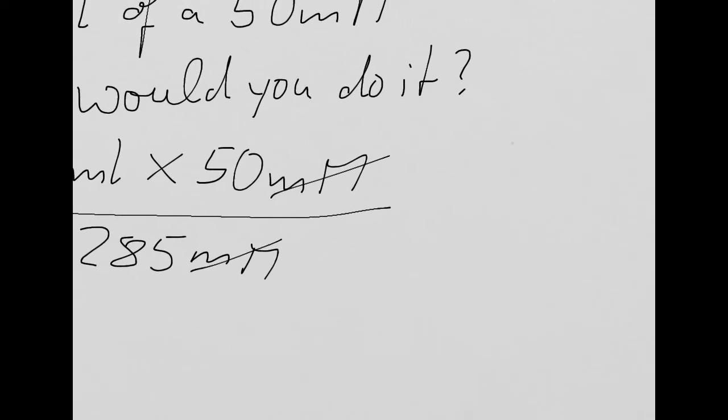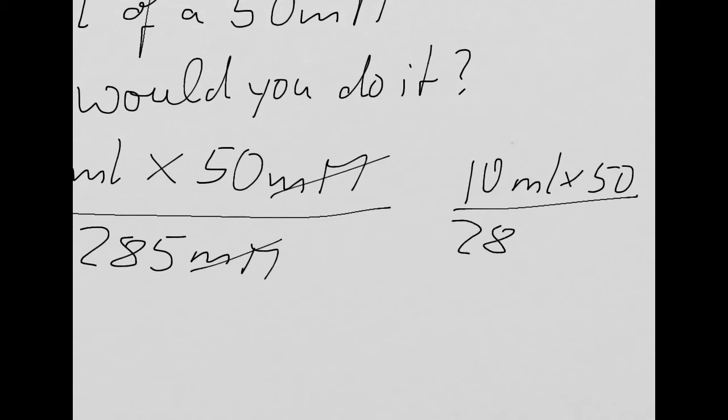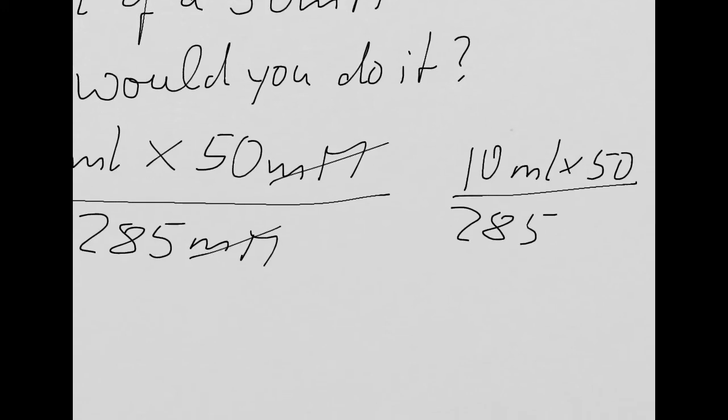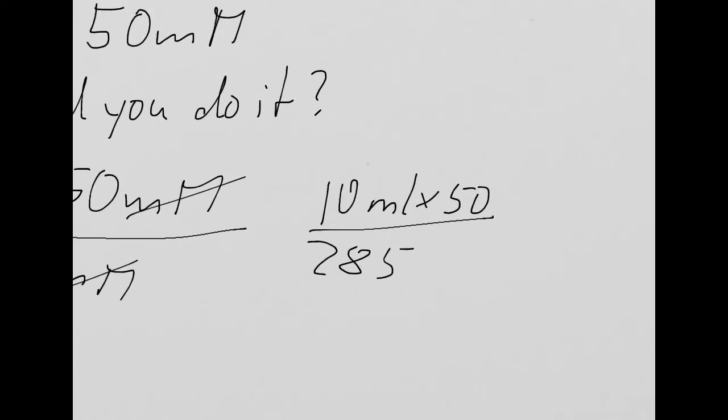So we've got 10 milliliter times 50 divided by 285. That's 500 divided by 285. And that gives, wait a moment, equals 1.745 milliliter. Yeah?